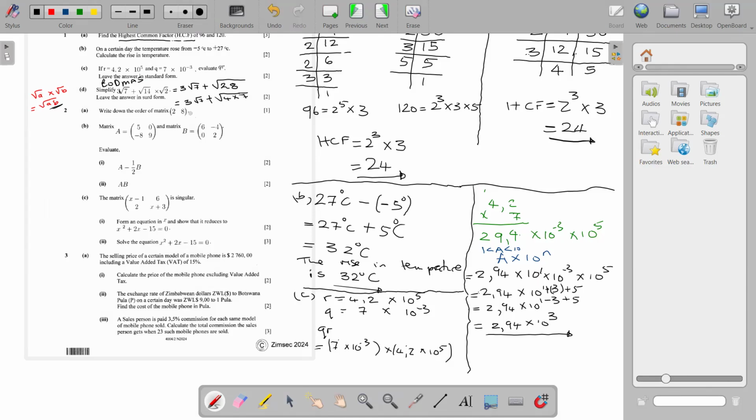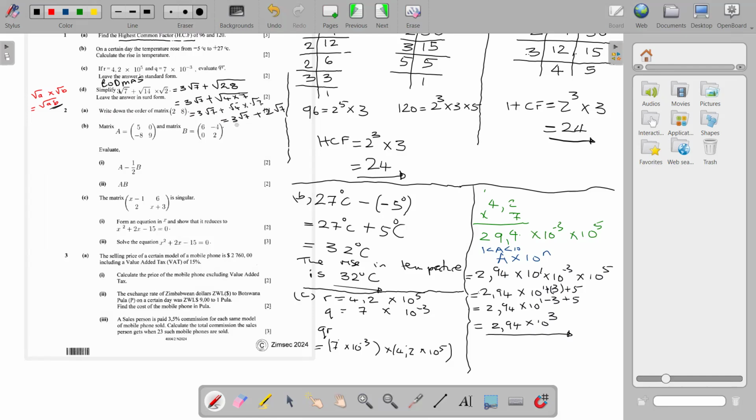So this will be equal to 3 root 7 plus root 4 multiplied by root 7. But root 4 is a perfect square, so this reduces to 3 root 7 plus 2 root 7.